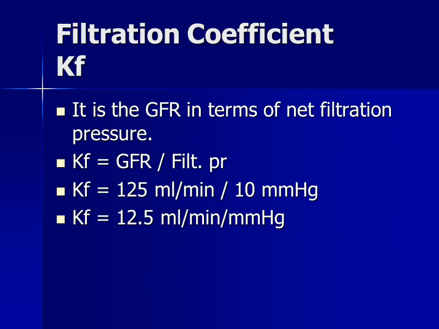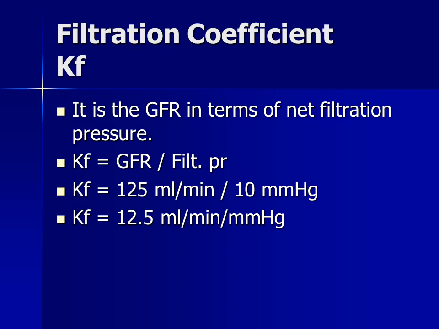What is a filtration coefficient? We talked in the previous lecture that GFR depends on, number one, the balance of the hydrostatic and the colloid osmotic forces which are acting across the capillary membrane, which we also talked about in the previous slides, and number two, the capillary filtration coefficient.